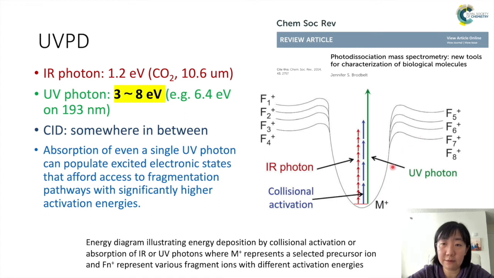UV photons, however, have much greater energies, and thus absorption of even a single UV photon, for example, a 193 nanometer photon, which has 6.4 electron volts of energy, can populate excited electronic states that afford access to fragmentation pathways with significantly higher activation energies. The nature of UVPD results in unique fragmentation patterns.